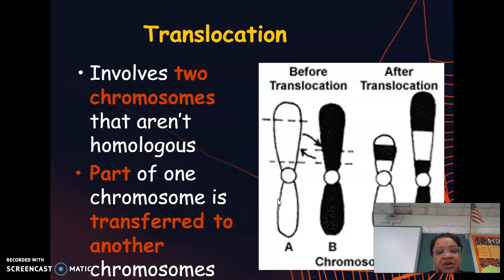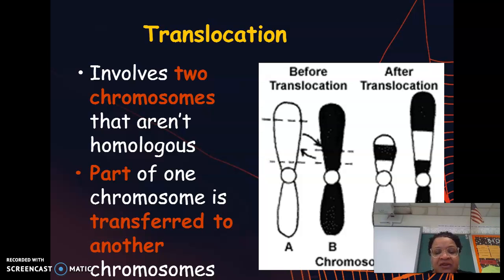Translocation involves 2 chromosomes that are not homologous. Homologous means it's for the same trait. Like you get half your chromosomes from mom, you get half your chromosomes from dad. So those chromosomes are for the same trait, like for hair color or eye color. If they're not homologous, one may be for hair color, the other may be for height.